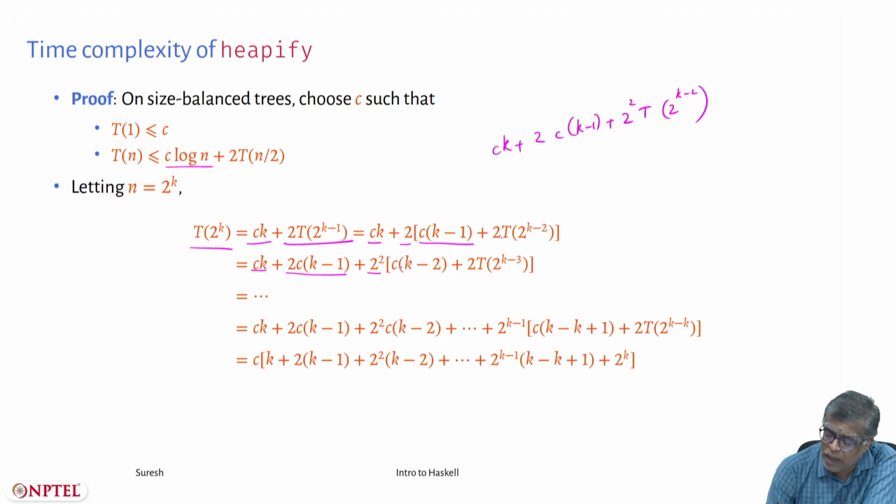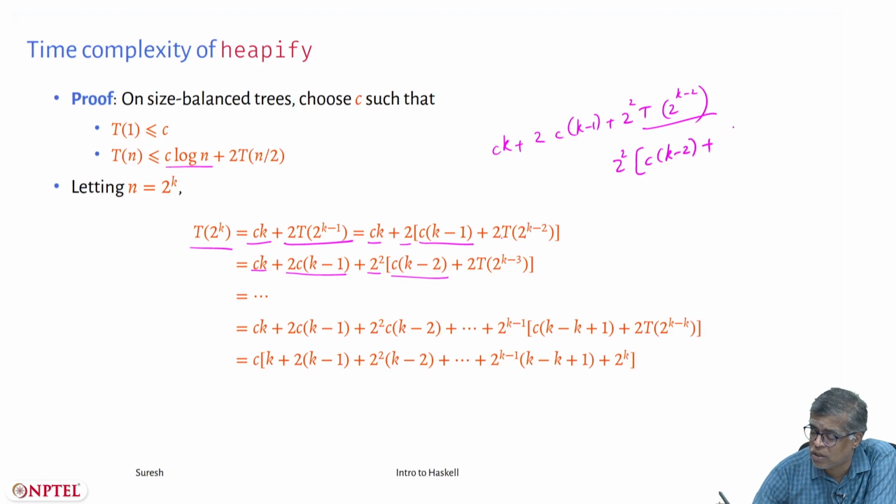If I do that, I will get c(k-2) plus 2T(2^(k-3)), and so on it goes.